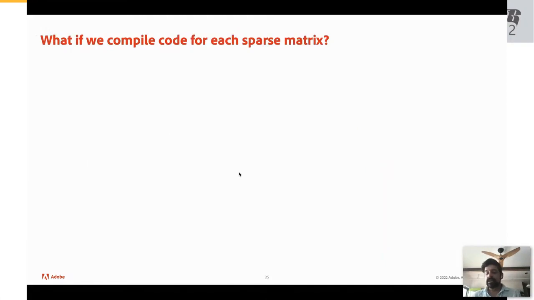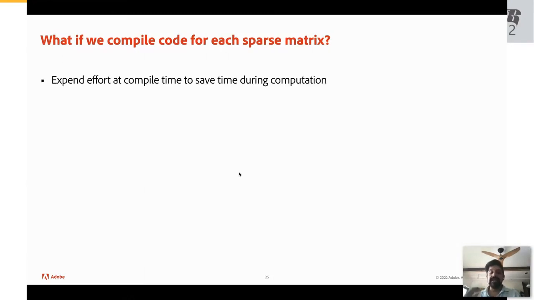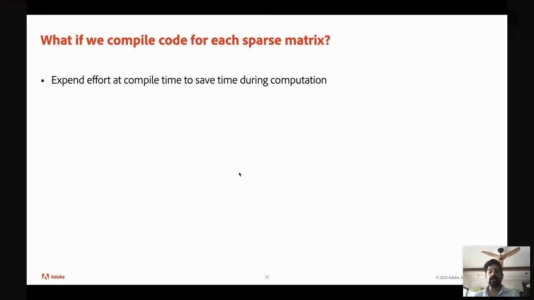So what sparsity-specific specialization really is asking is kind of the dumb question of, what if we compile the code separately for each sparse matrix? The idea here is that we want to expend a lot of effort at compile time to save time during the actual computation.